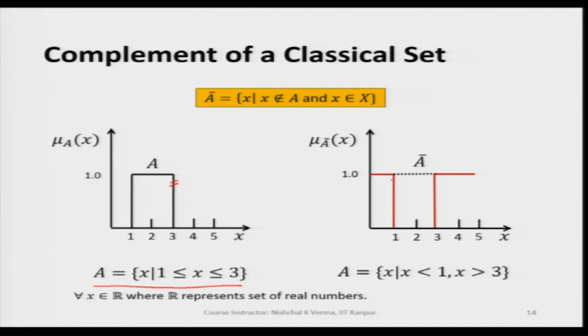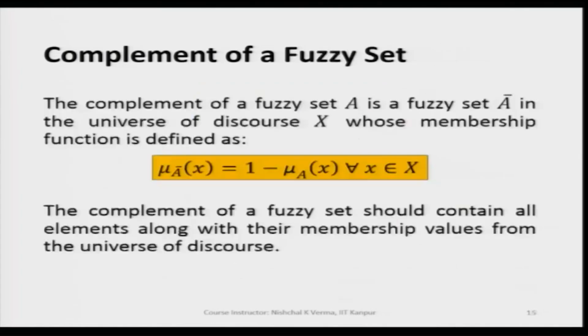If we do that, we will get the complement of A like this, and we see that the points which are there in A are excluded. So, this part is excluded. This way we find the complement of classical set A.